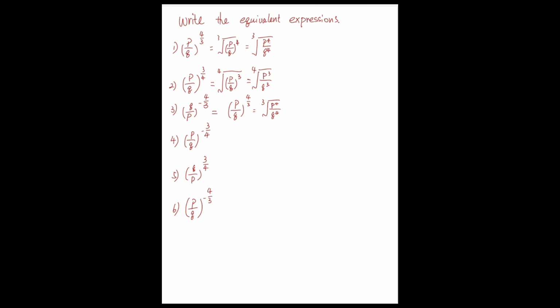And number 4, the same, we need to solve the negative sign first, and now we need to write the 4th root of this expression to the power of 3, and then distribute 3 to each part.